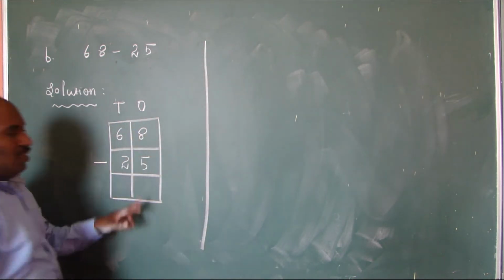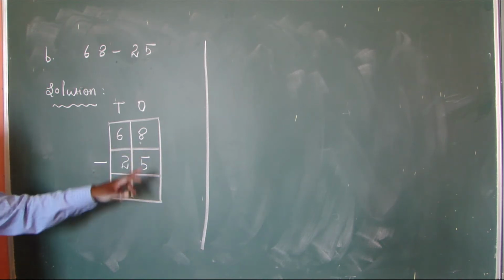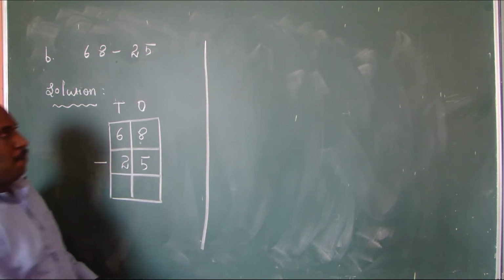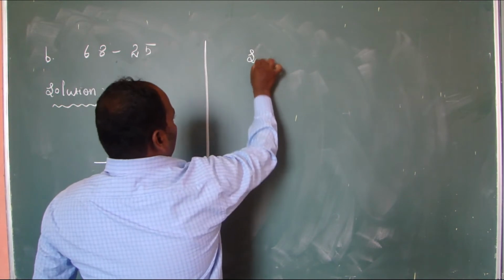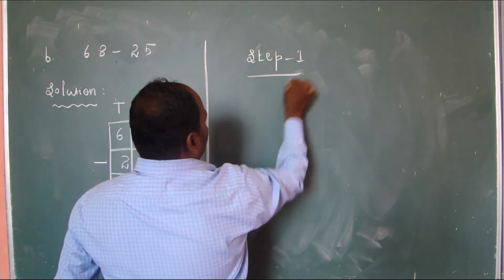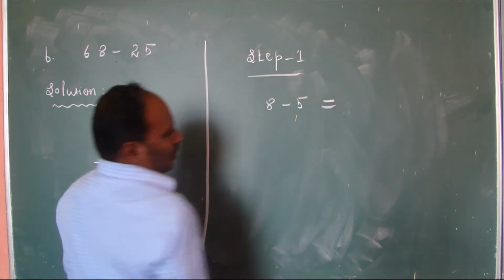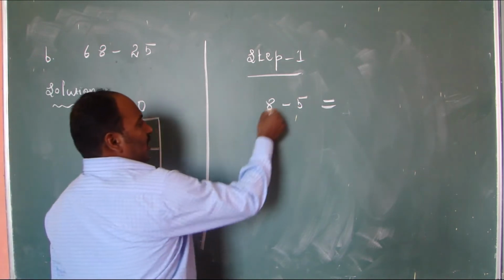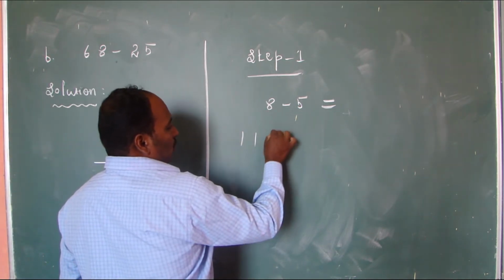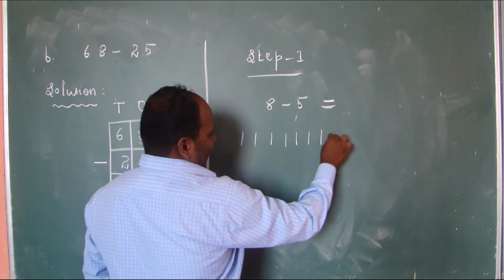Let's solve the ones place. 8 minus 5. Step 1, 8 minus 5 is equal to, we draw the 8 lines, 1, 2, 3, 4, 5, 6, 7, 8.